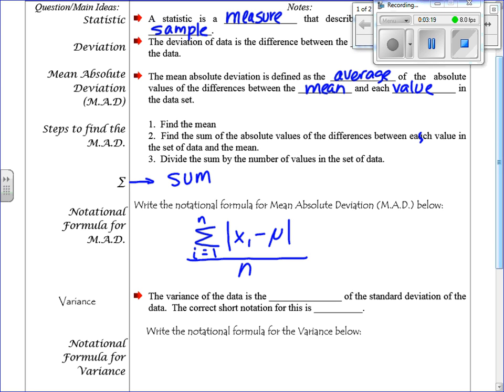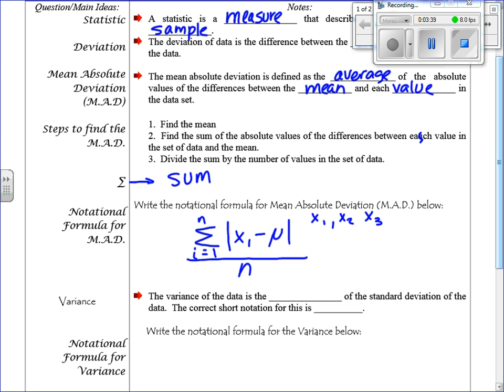Okay, so another way to look at it, let's say I have a bunch of values in my data set. Let's say I have x sub 1, x sub 2, x sub 3, okay? And I want to go ahead and find the mean absolute deviation.